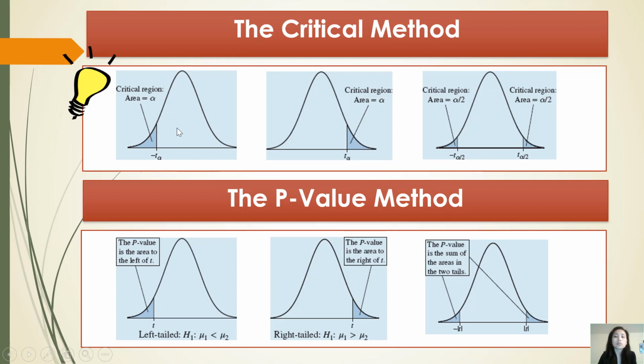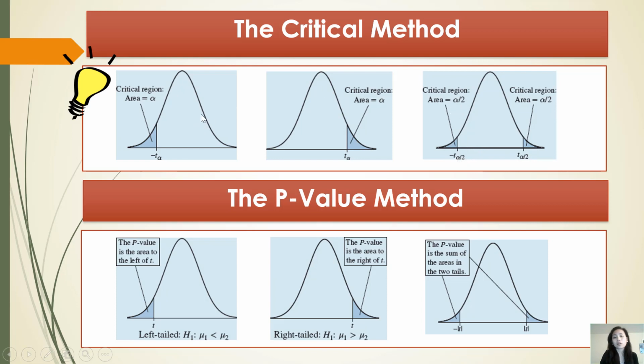For the critical method, we have to find the critical value and the critical region. If you have left tail, we want to make sure that there is a tail of alpha area to the left. If you are working with the right tail, we want to guarantee that there is a tail with area alpha on the right side. And if you are working with two tails, we want to make sure that we have two tails equally, one on the left and one on the right, and they have the same area of alpha half.